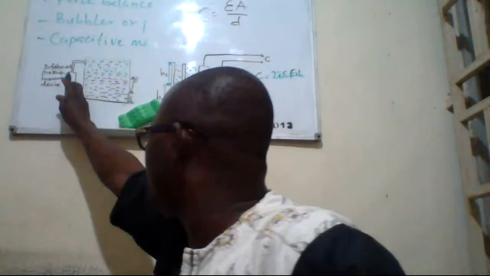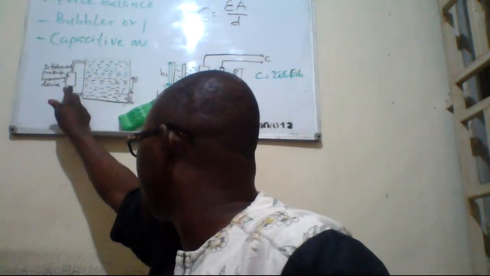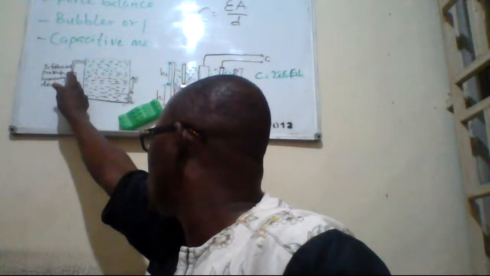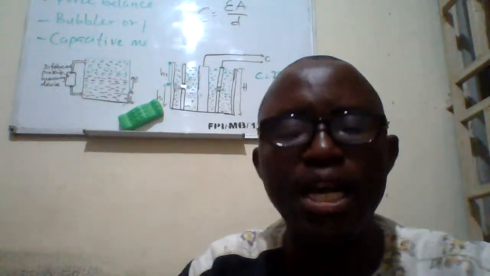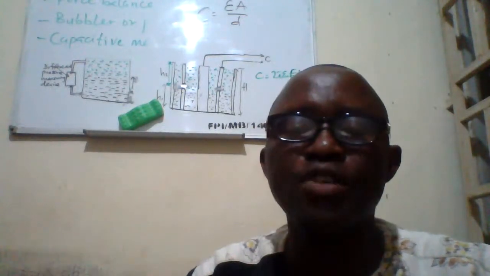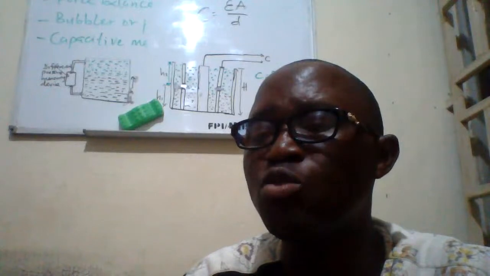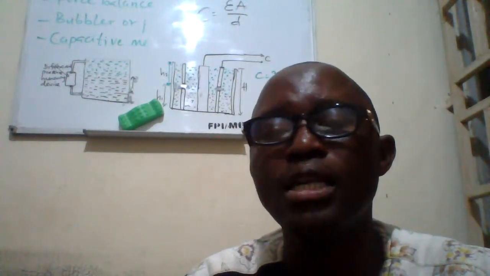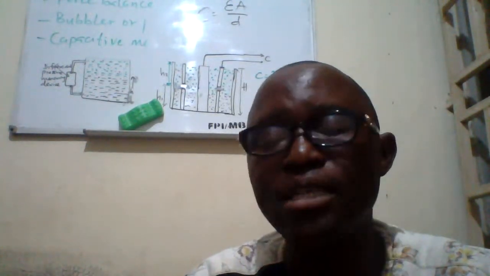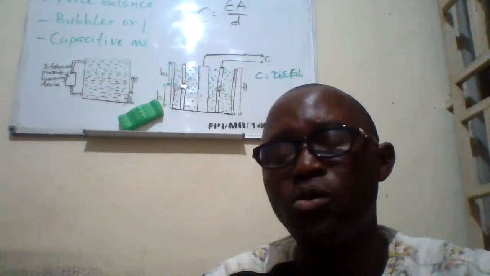That's the device you see here. It's checking the upper and lower parts of the tank to determine the pressure difference between the two parts. That pressure will be converted to liquid level using the density of the liquid, which is related to the volume and indirectly related to height also. So that's the first system that was discussed.